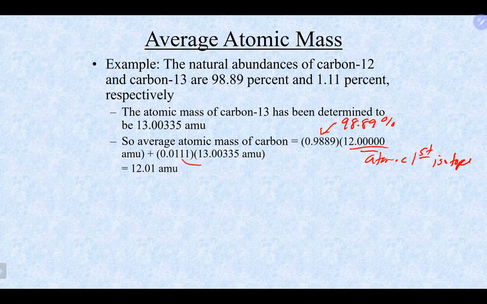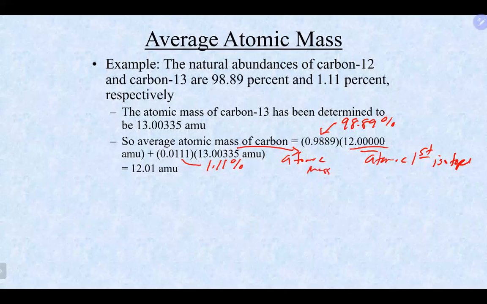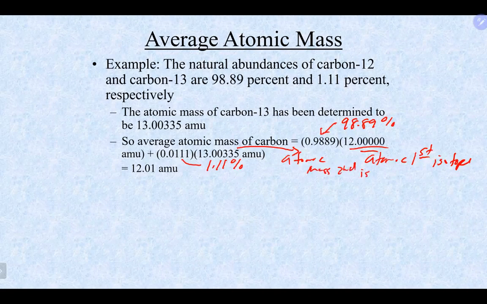This is 1.11% converted into a decimal. That is the atomic mass of our second isotope. And as you can see there, we do get 12.01 when we do that calculation, which is exactly what we see on the periodic table for the atomic mass of carbon.